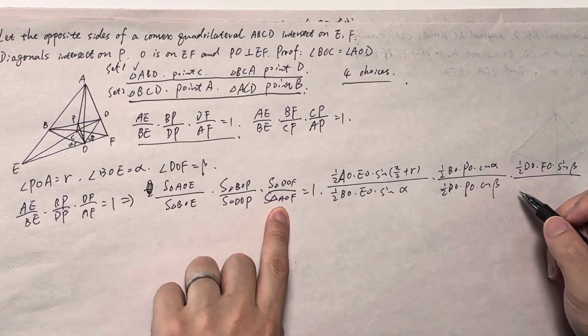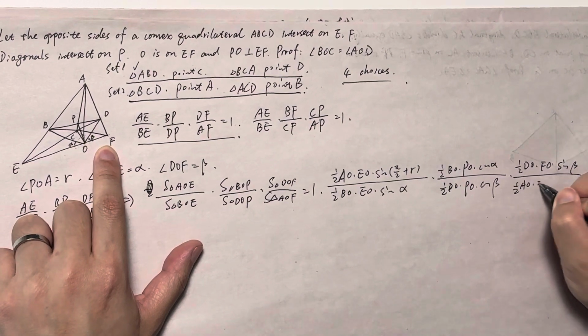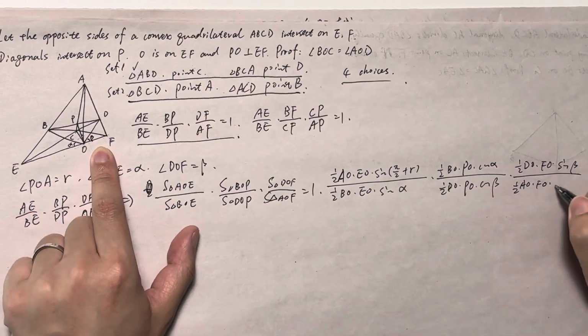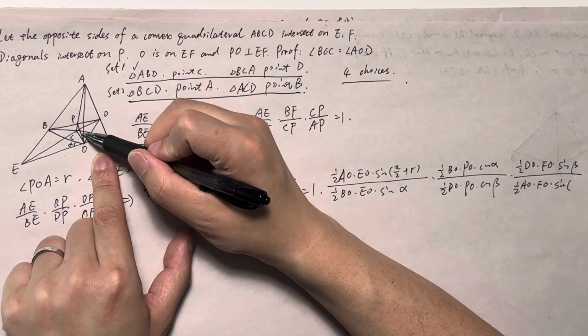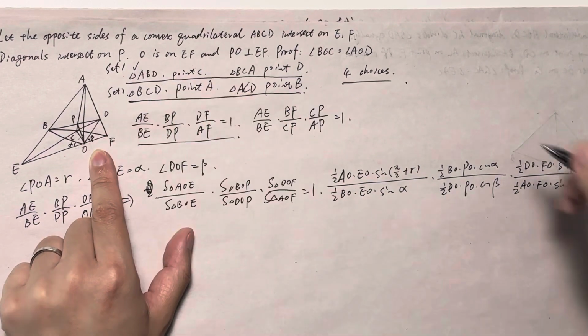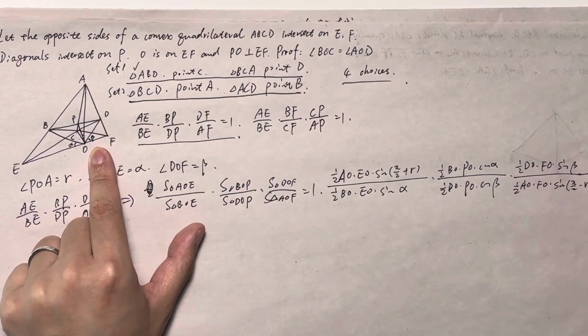And AOF, that's half AO FO times sine. POA is gamma, so AOF equals pi by 2 minus gamma.